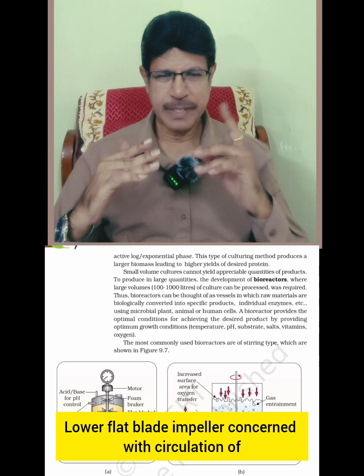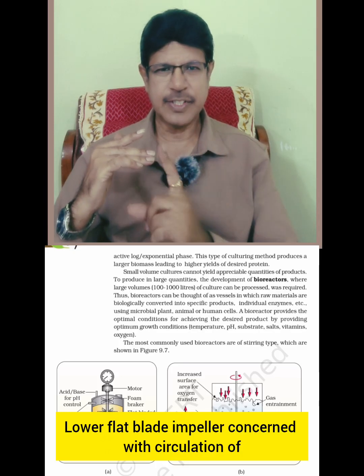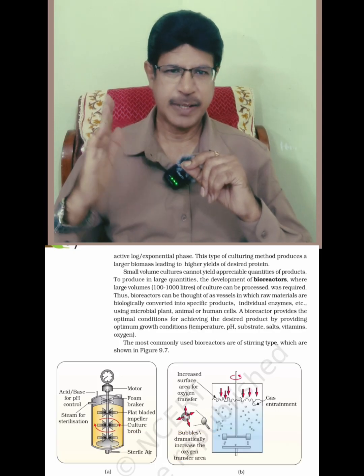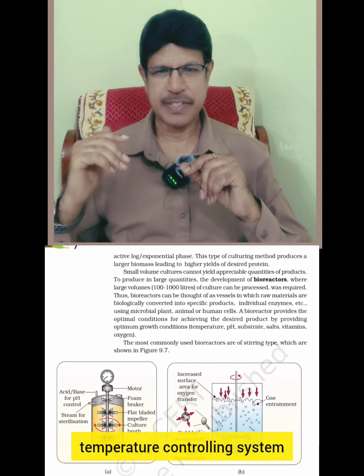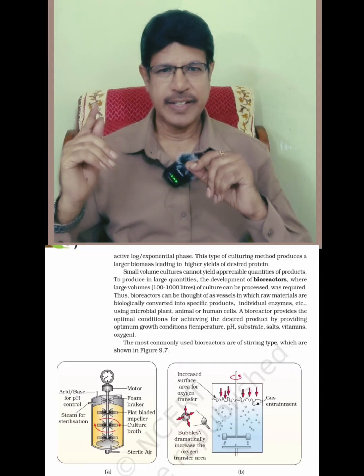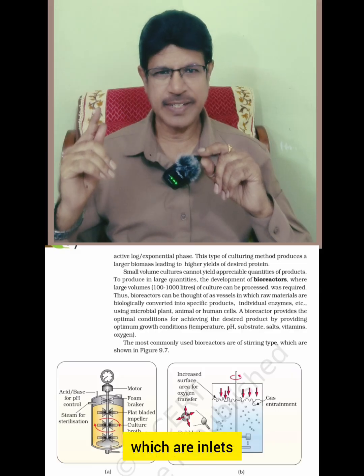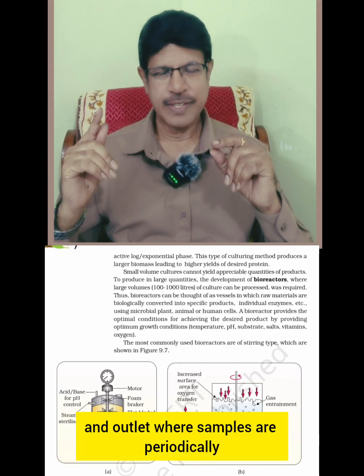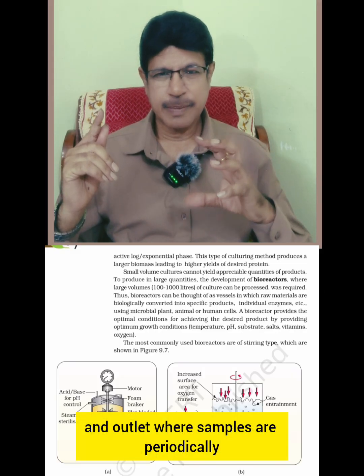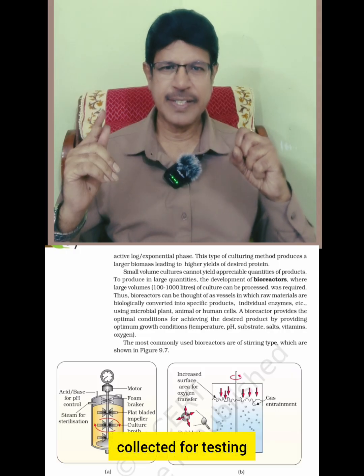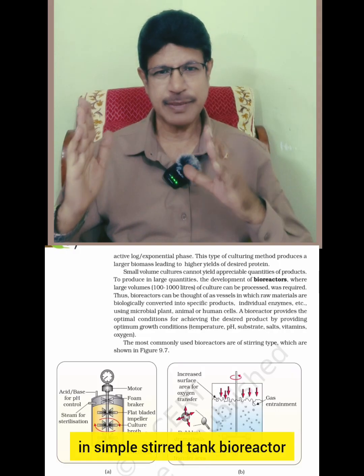The lower flat blade impeller conserves circulation of the broth. And there is a pH controlling system, a temperature controlling system, and there are ports. The ports are the inlets and outlets where samples are periodically collected for testing in the simple stirred tank bioreactor.